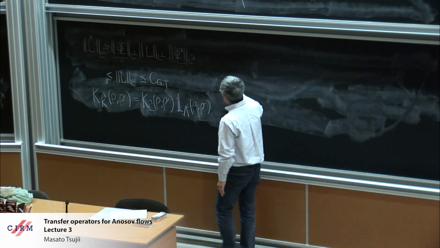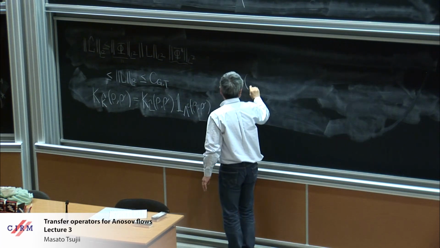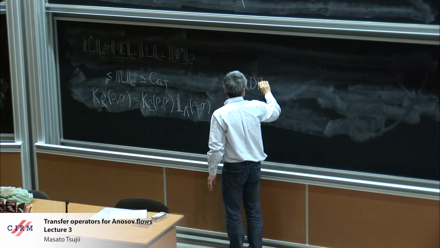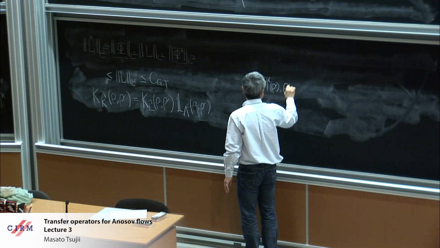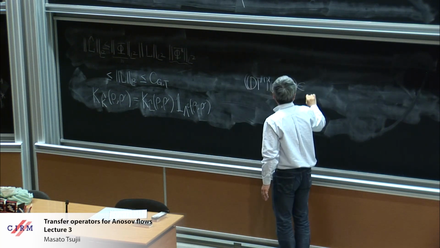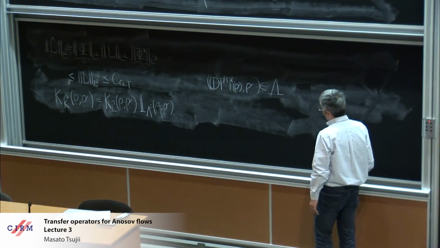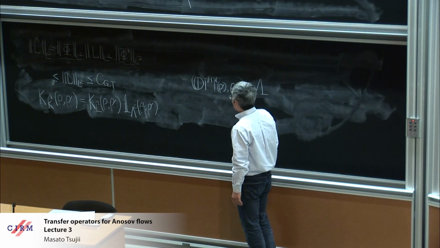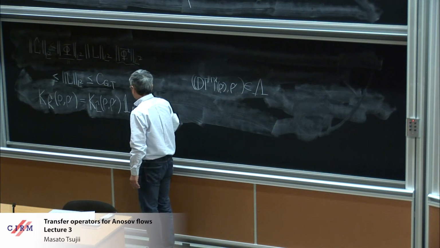But by the definition of W, if we consider this pair, dt minus 1 star, rho dash and rho dash, it is contained in lambda. And actually it is far from the boundary. So this implies that if you are in the complement, this is very small.